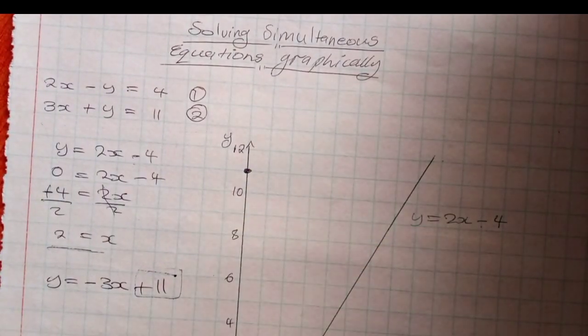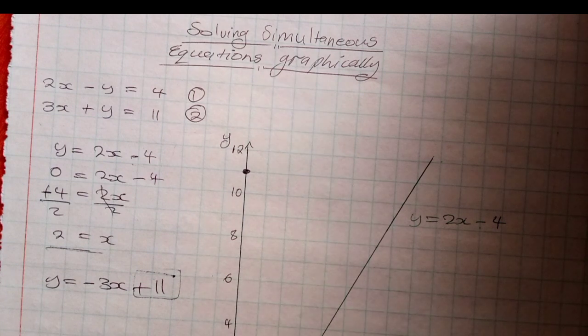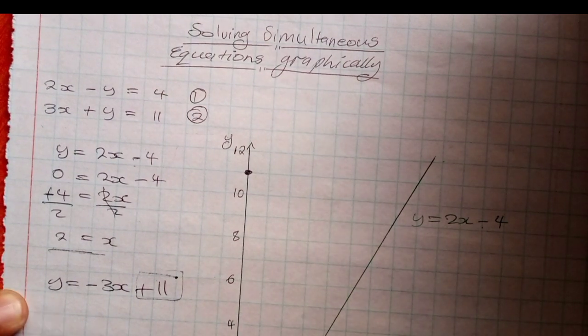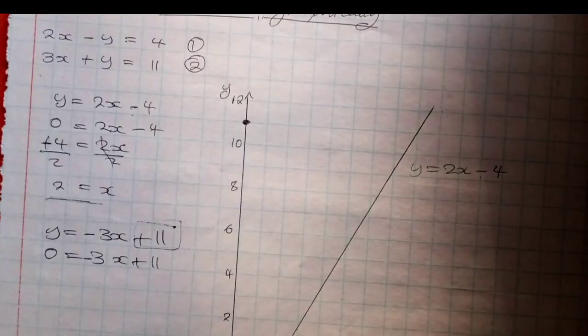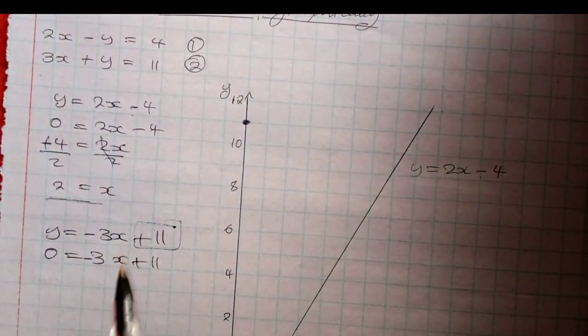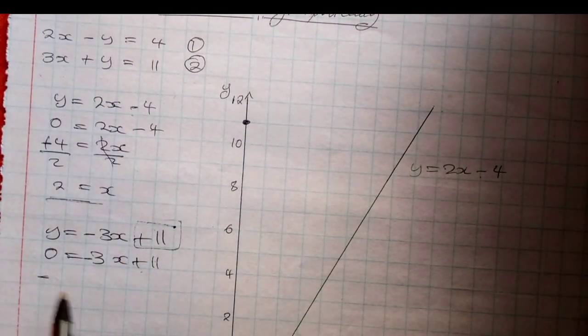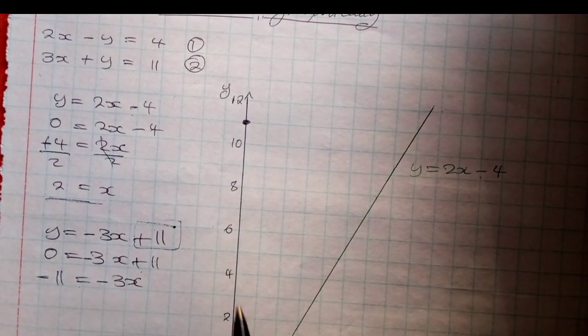And then we now have to solve for our x-intercept. To solve for the x-intercept, you make your y equal to 0, so you are now solving for x. The same process that we did here: we take the 11 to the other side of the equal sign, it becomes negative 11 equals negative 3x.